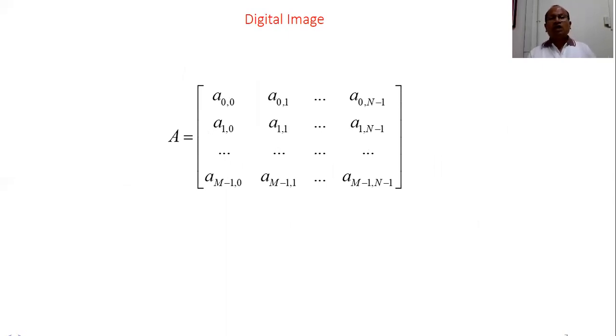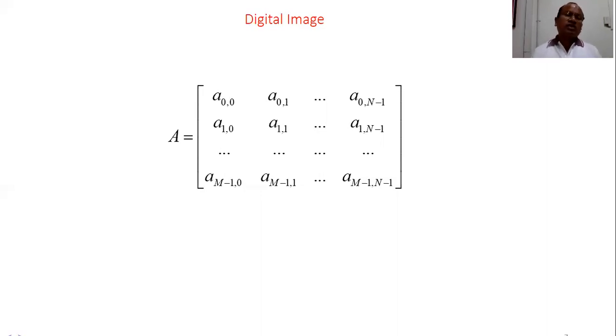Small a11 is the intensity value of pixel f11, the pixel in the second row and second column as per this diagram. Every pixel has a certain intensity value, and all those grayscale, brightness, intensity values are stored inside the matrix, and that matrix is called a digital image.